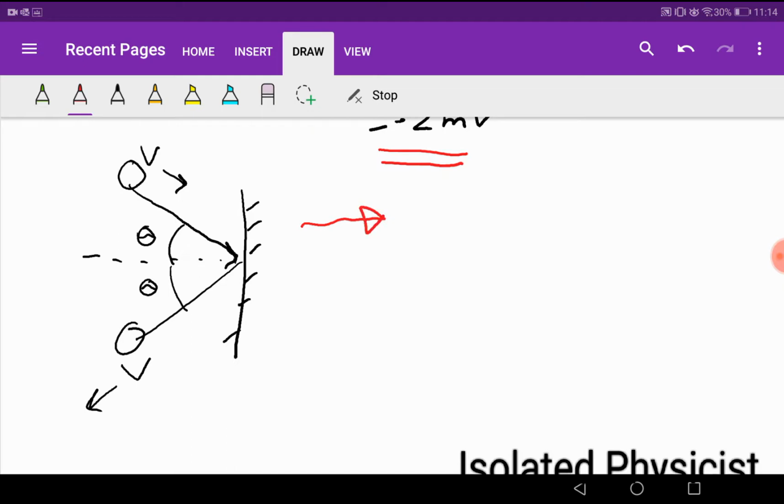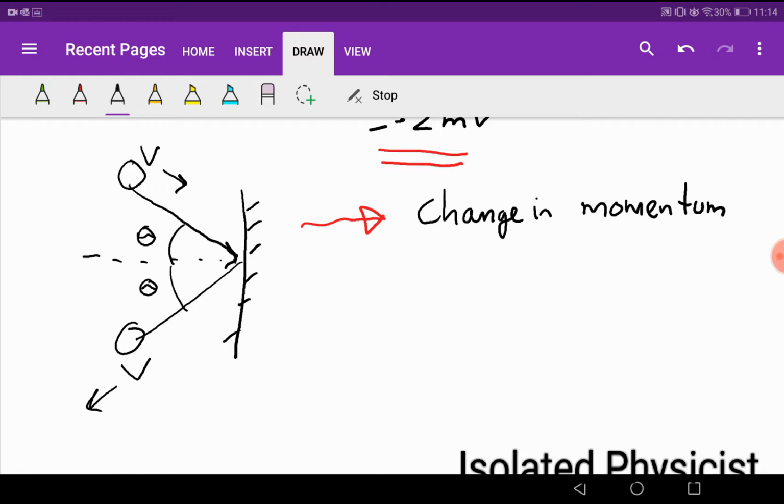So for example here, if this case was here, and we were looking at the change in momentum, what is the velocity perpendicular to the wall?